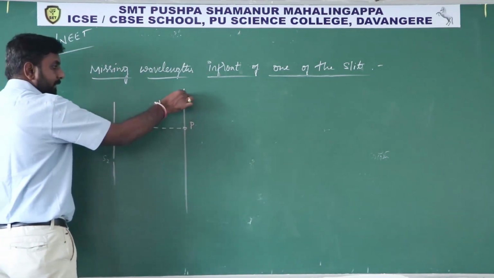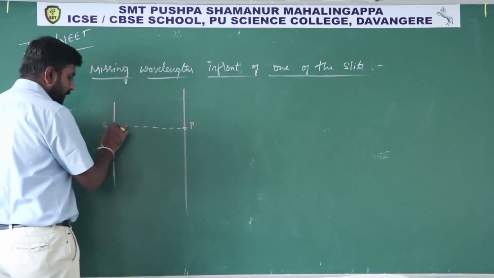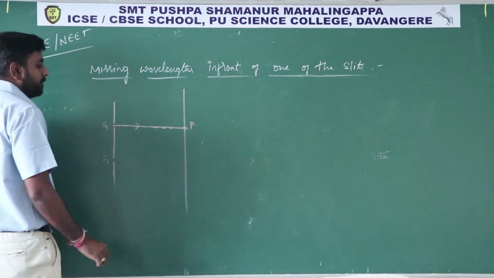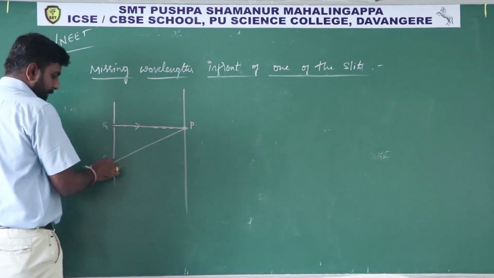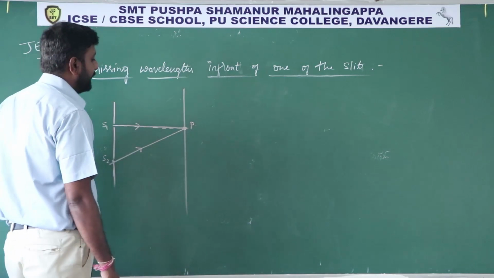Somewhere here we are considering point P, right? Then the waves will travel from S1 and reach point P. From S2 also the wave will travel and reach point P.